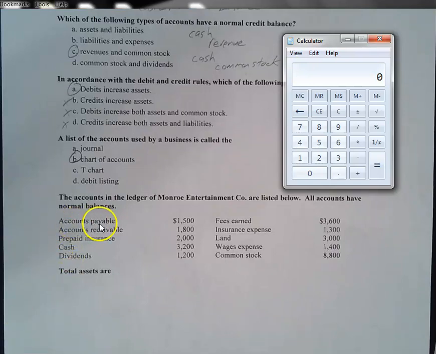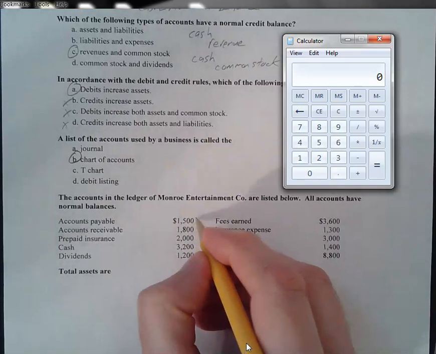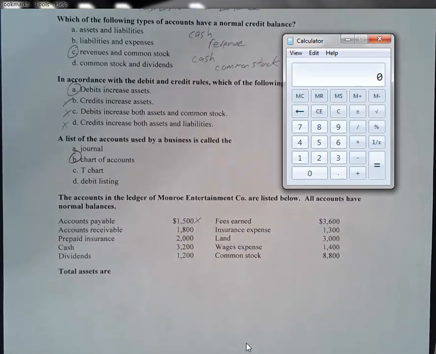So the first one we have here is accounts payable, $1,500. I hope that by now you know that anytime you see the word payable, you have a liability, not an asset.